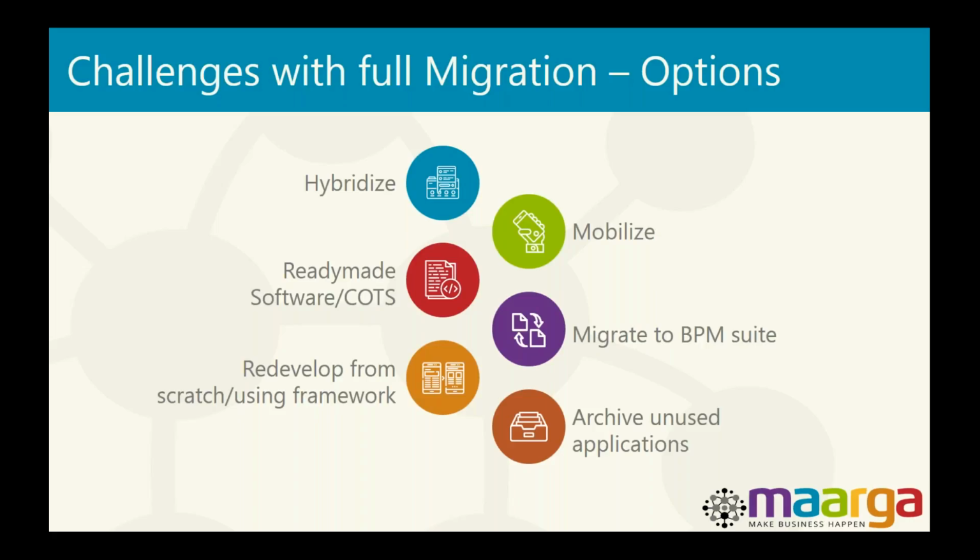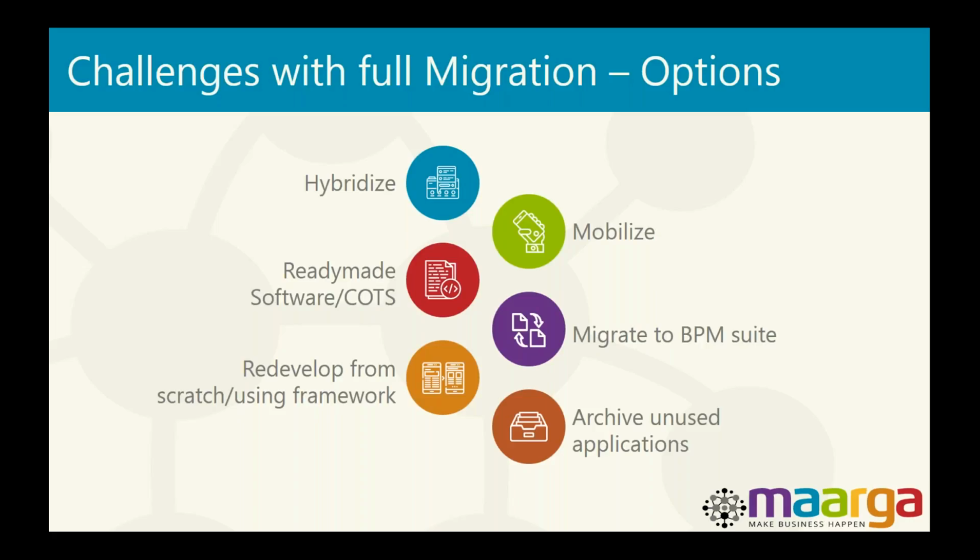So what are our options for the full migration? The options are, really, we can hybridize the app. We don't want to change the complete core of the applications. We don't want a complete data move out. We can hybridize it in a way that we can leverage the Lotus Domino and the Notes existing app and get an outer UI kind of thing.